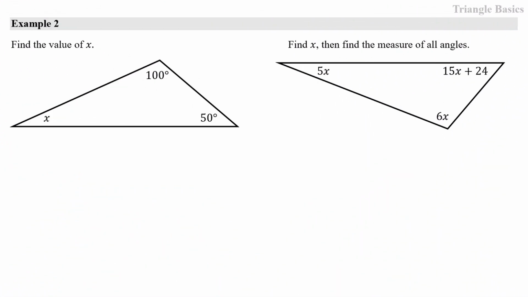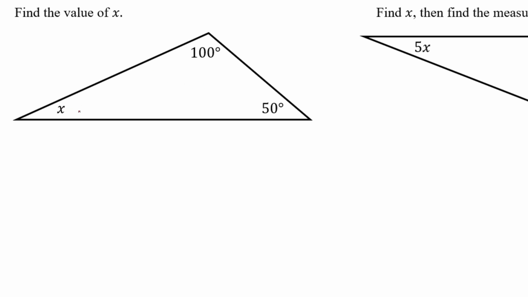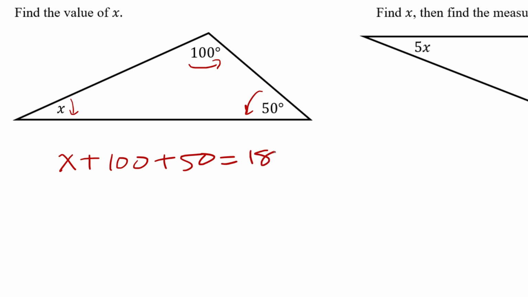So now we're going to find angle measures, and we're going to do algebra to figure out values of x. For example, on this first one, it says find the value of x. What do we know? When I add x plus 100 plus 50, all three angles have to add up to 180.